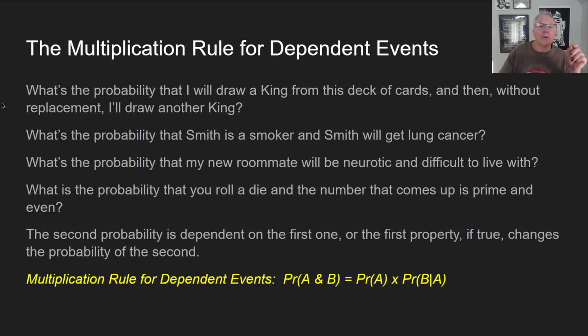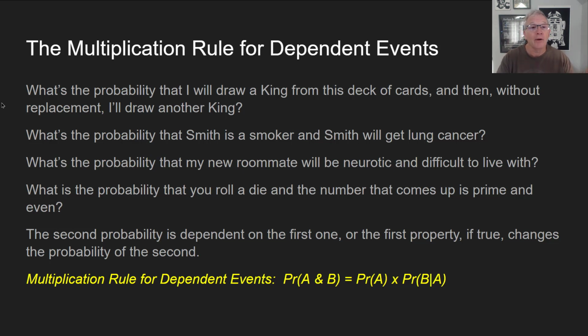Okay, so here's our rule, and here's how it's going to be written. I'm going to introduce a new logical notation, or a new concept for probability notation. It's called the multiplication rule for dependent events. So when A and B are dependent probabilities, the probability of A and B equals the probability of A times the probability of B given A. So that vertical line between the B and the A is read as, what's the probability of B given A?